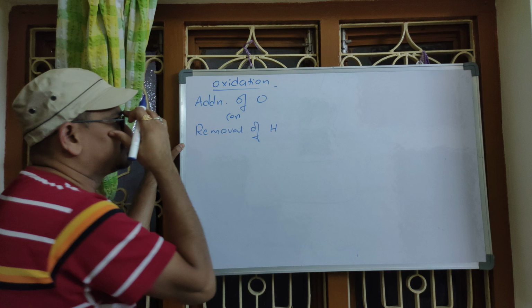This is a basic definition. When oxygen is being added, A had lost 2 electrons. It may be 1 electron, 2 electrons, any number of electrons. Definitely, during oxidation, loss of electrons takes place. So, oxidation means loss of electrons also. Right? There is one more approach for this.